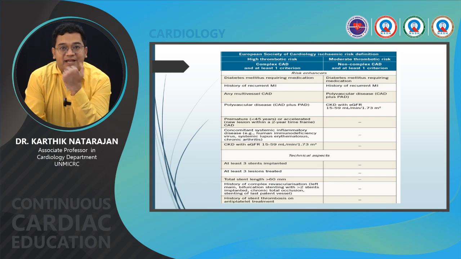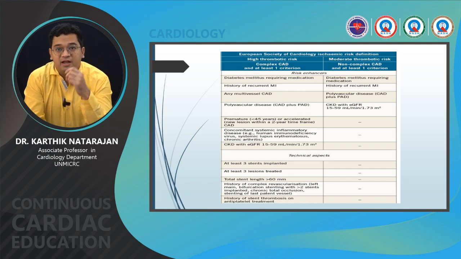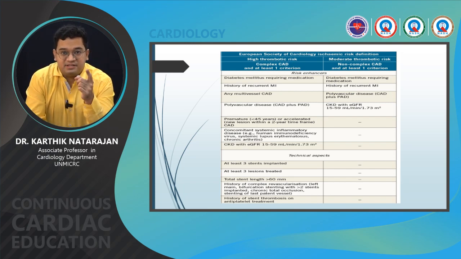So this is the European Society of Cardiology ischemic risk definition that they have classified as high thrombotic and moderate thrombotic risk. So risk enhancers: diabetes, history of MI, any multivessel CAD, polyvascular disease, premature atherosclerosis, concomitant systemic inflammatory diseases, CKD, all these are risk enhancers.